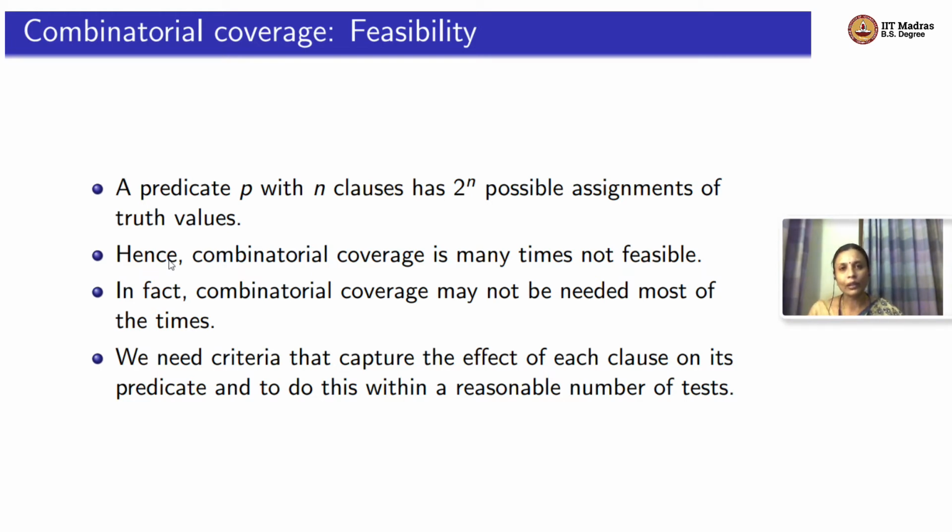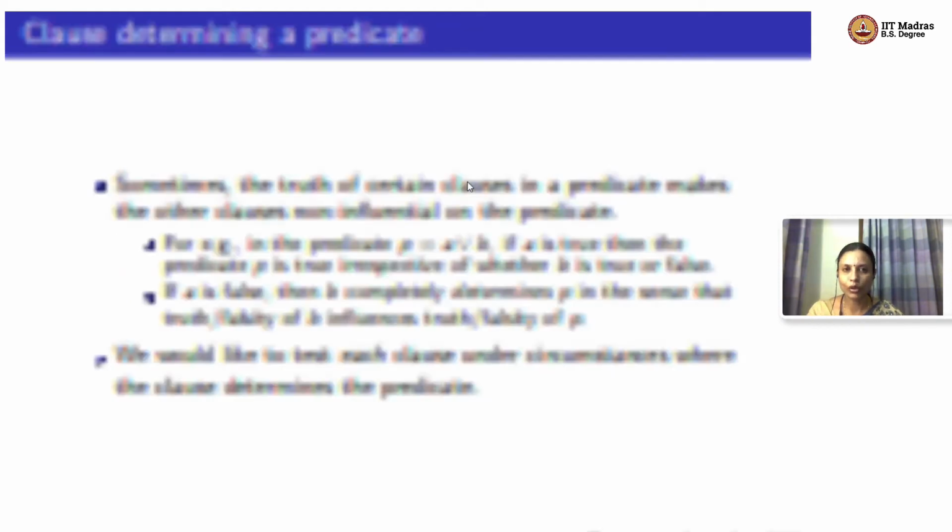If there are n clauses, then all combinations coverage needs 2 to the power n test cases to achieve its test requirement. And it may not be needed also. So what we need basically is a criterion that captures how each clause influences a predicate, and can we do it without spending an exponential number of test cases. That is the goal.